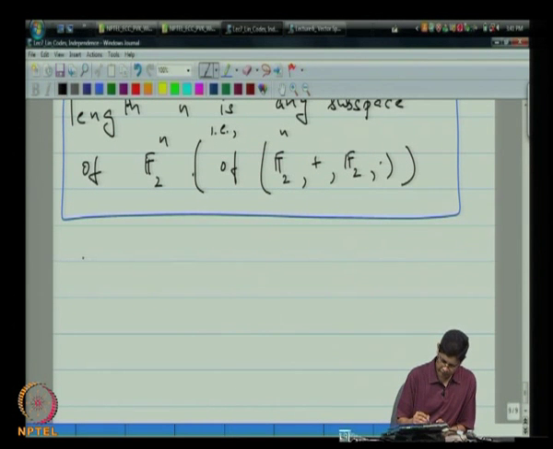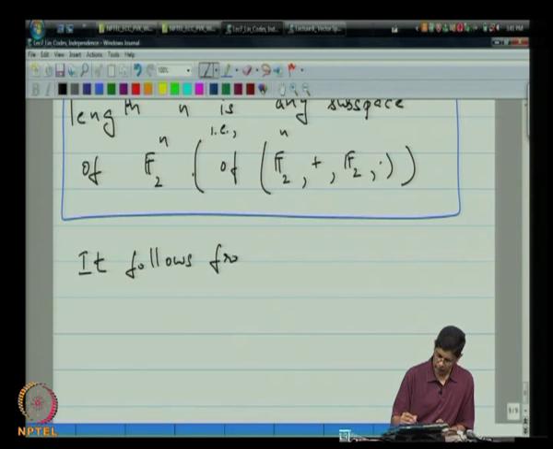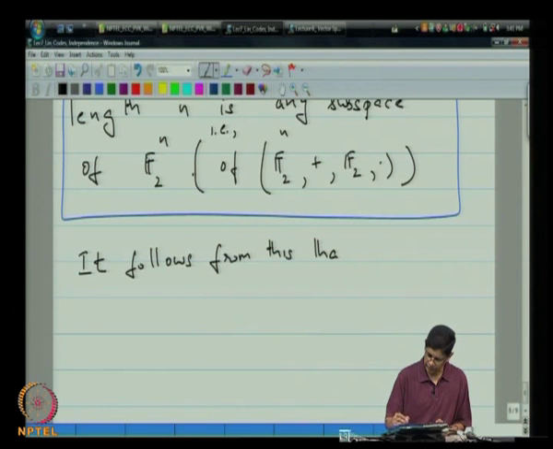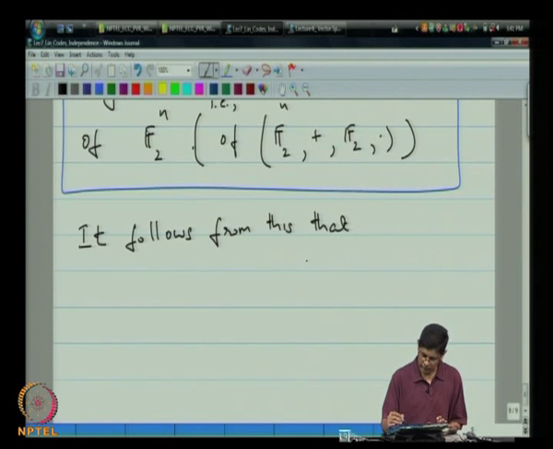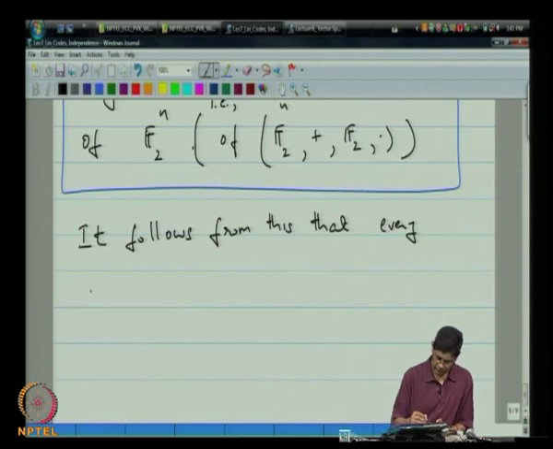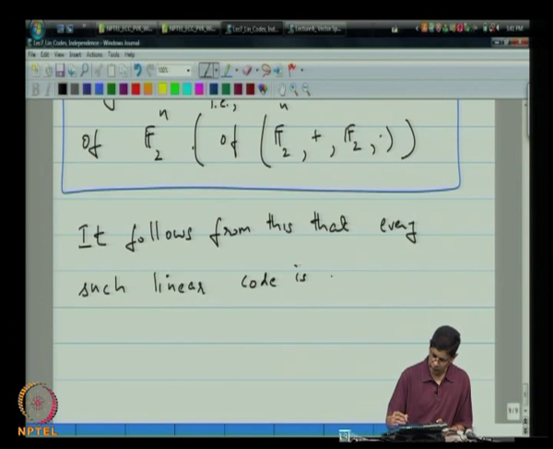It follows from this that every linear code is also a subgroup.